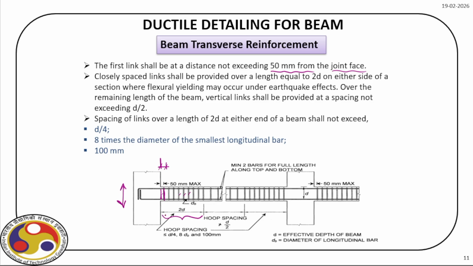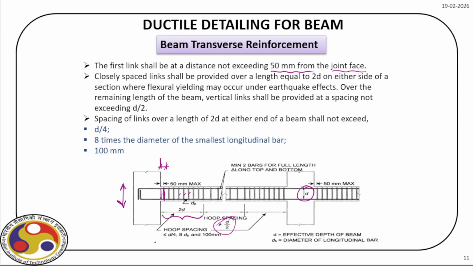Therefore this region is extremely important, and we have to accordingly place the shear reinforcement there. Over the remaining length of the beam, vertical links shall be provided at a spacing not exceeding d by 2. So if this is d, the spacing in no case should exceed d by 2, as you can see here.